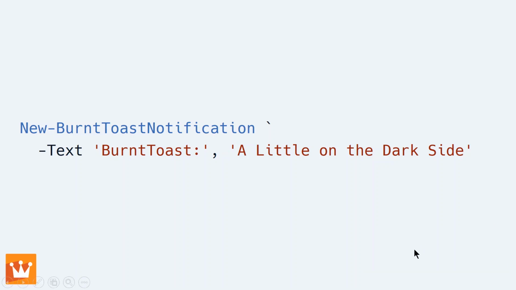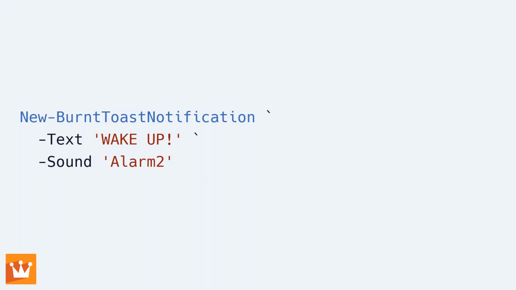Now, the sound on there was a default sound, and maybe that's not quite as annoying as you want. So here's another example where this time we just have a title, wake up, but you can see we're specifying the sound, alarm 2.